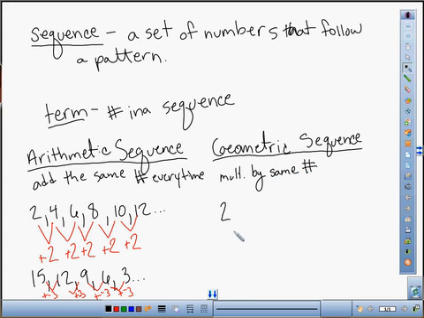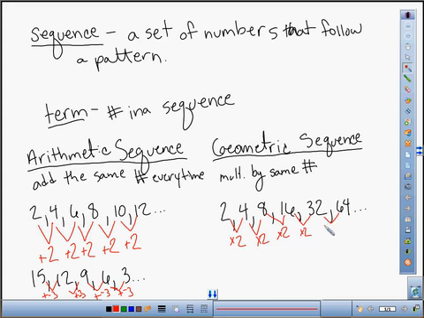All right, so if I have something like 2, 4, 8, 16, 32, 64, etc. That would be a geometric sequence, because each time we have multiplied the previous number by 2. So times 2, times 2, times 2, etc. Every time we've multiplied by the same number. It can never be a different number. If it's going to be a geometric sequence, it has to be the same number every time.